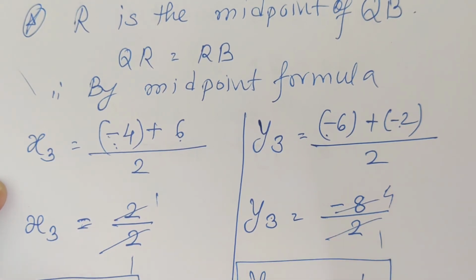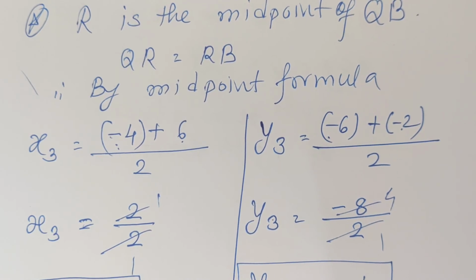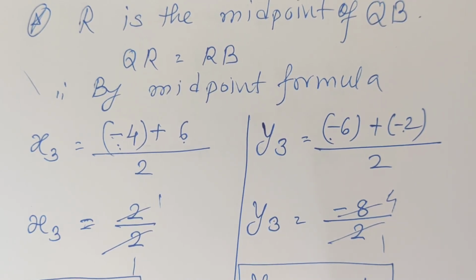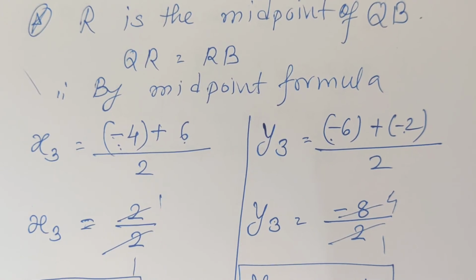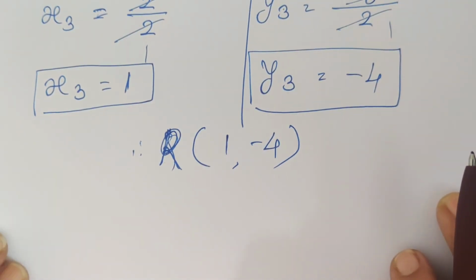So y3 is equal to -4, and so R's coordinates are 1 and -4. This way we got the coordinates of all 3 points.